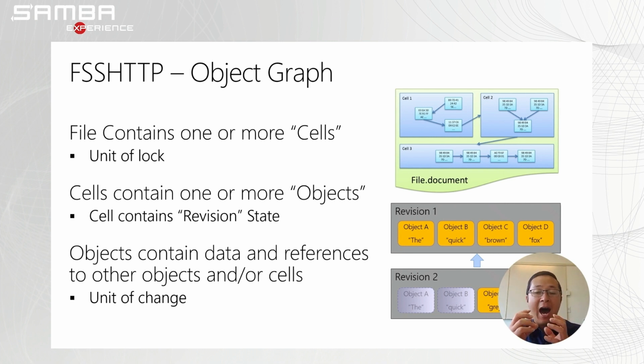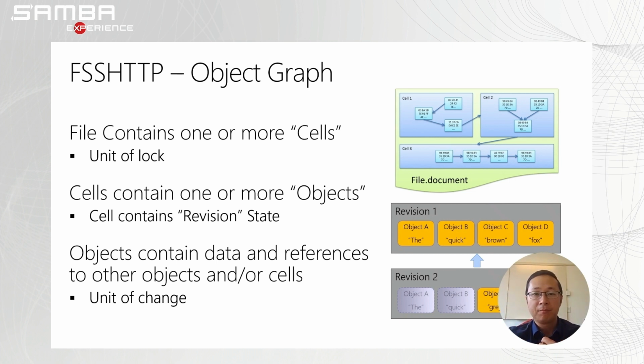If I only modify one object, then revision 2 of this cell will only contain the changed object, which is object C, and it also contains a reference which points to revision 1. By doing this, we have the history of all our changes, and we also minimize the content we communicate between the server and the client. The concept is very similar to GitHub, and how they manage revisions and changes.